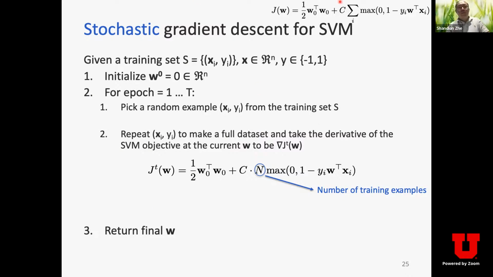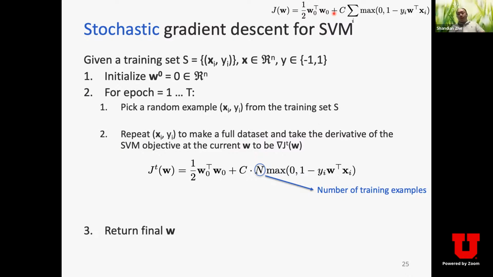As we mentioned in the SVM formulation, you have two terms. One is the regularization term, the other is the hinge loss term. You have some hyperparameter C to make a trade-off. So is everyone okay with this framework? I think it's just an application of the SGD framework we discussed before.